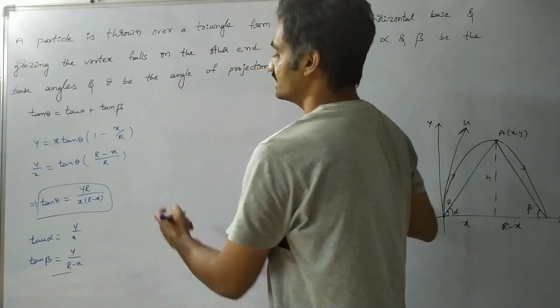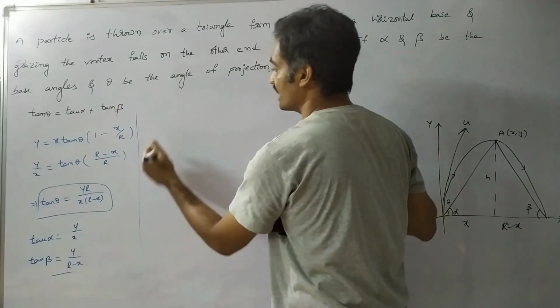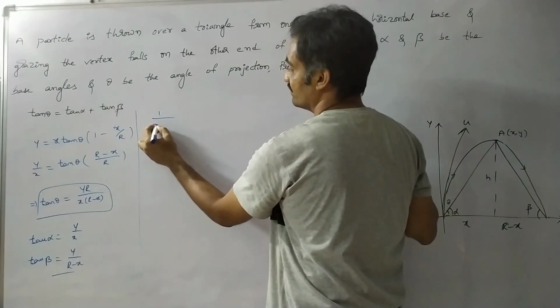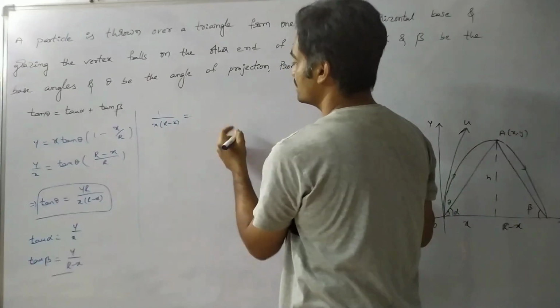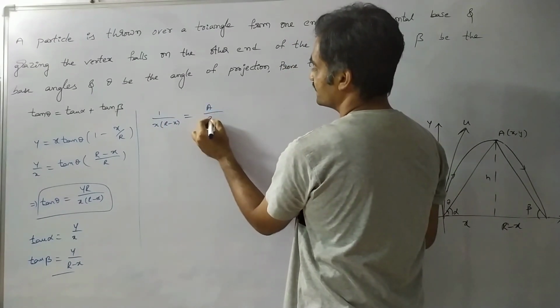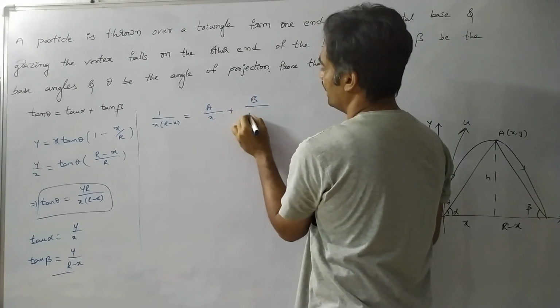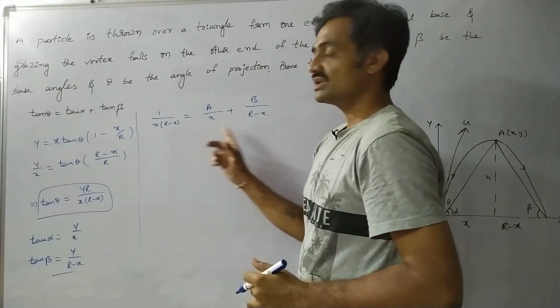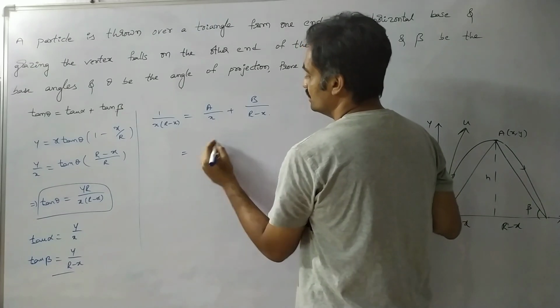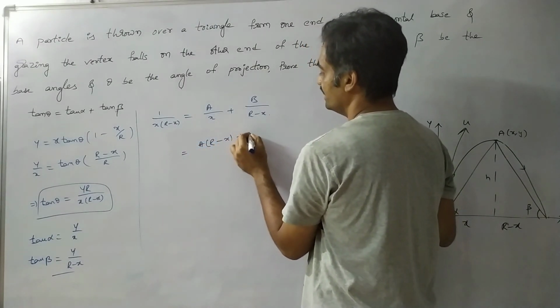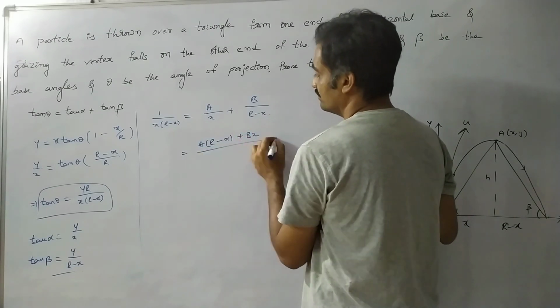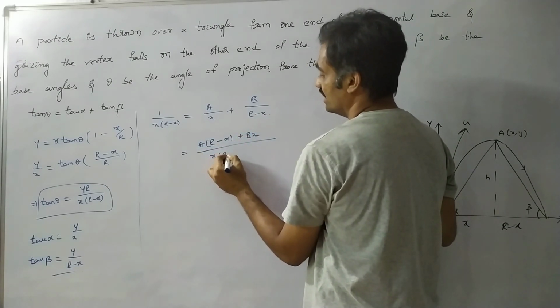In order to split this, I am going to consider partial fractions. Let us consider 1 by x into r minus x equals a by x plus b by r minus x. Now as we do the LCM, we have a into r minus x plus bx over x into r minus x.